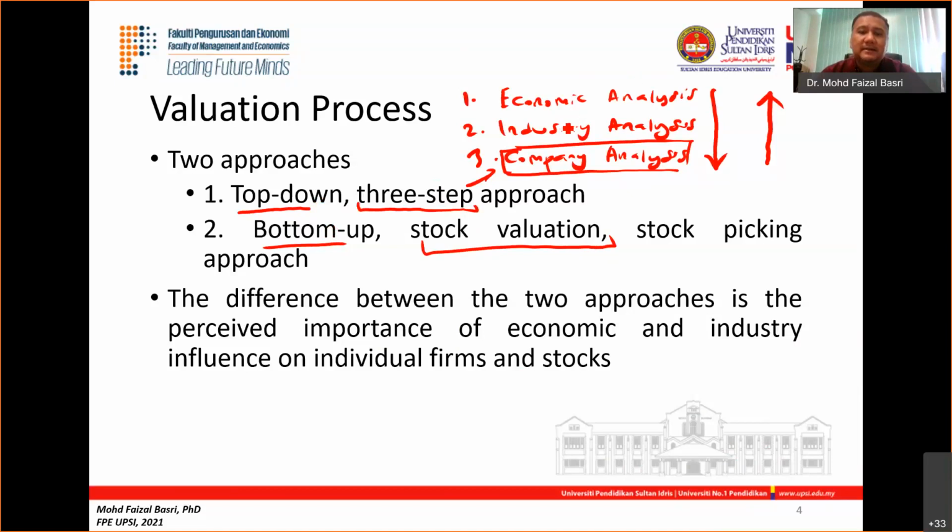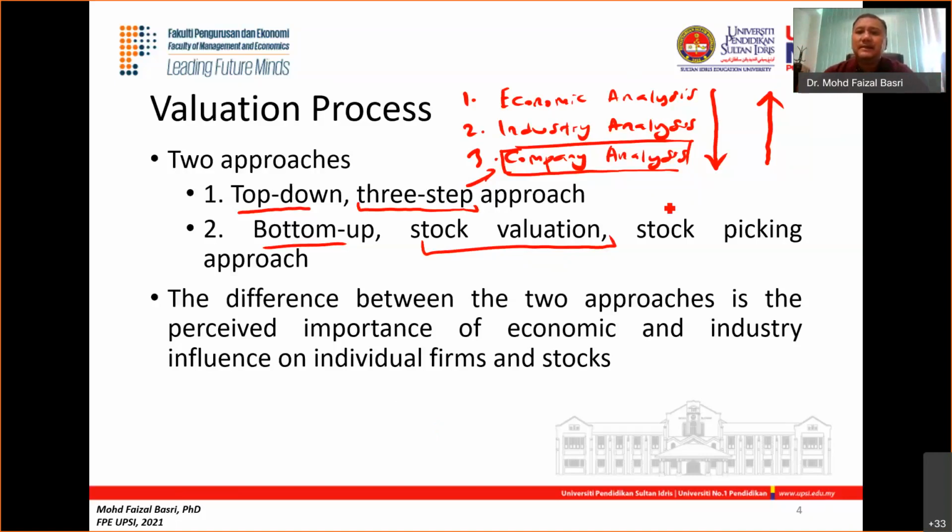Because for top-down, the company analysis will be narrowed down earlier, meaning in order to calculate the company analysis, we already decided which particular industry in which particular country that we will do the analysis. Whereas if bottom-up, we just pick randomly maybe, or based on news or based on certain study that you do, then you do the company analysis. But for top-down, they will narrow down from economic to industry and lastly to the company.